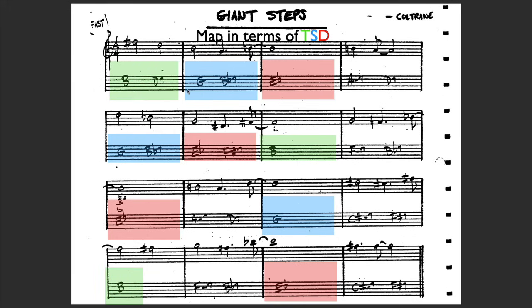Then we have G, which is a tonic to subdominant, and then E flat, which is in the dominant key. And these cycle through. The spiral is kept throughout. So we can see this pitch axis system being used in a range of styles and possibilities for you.